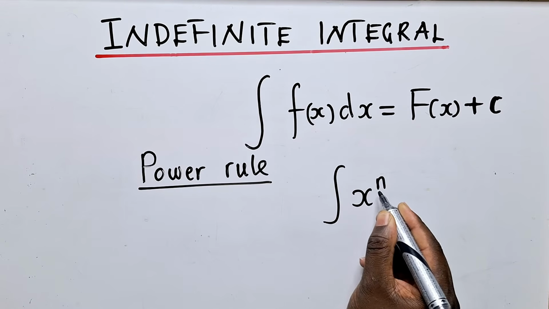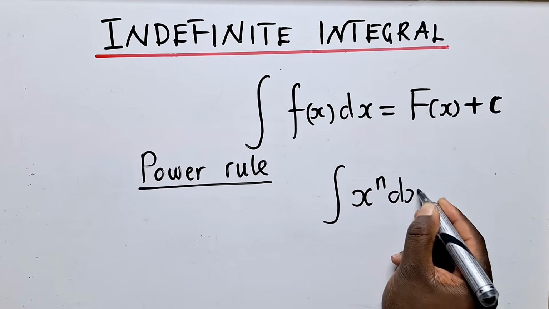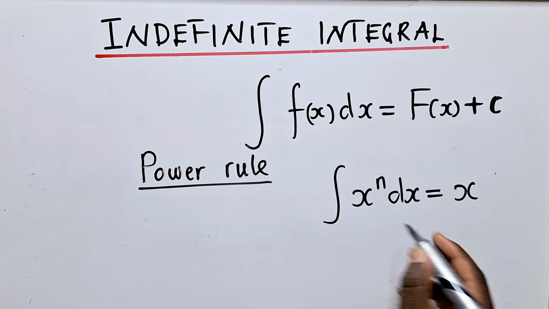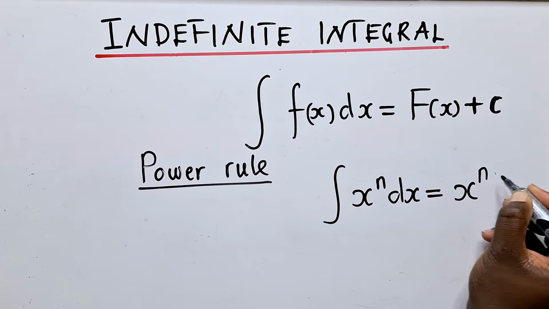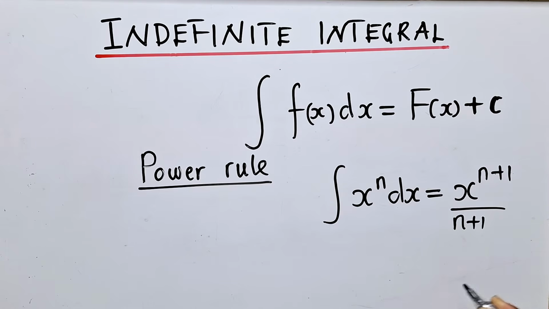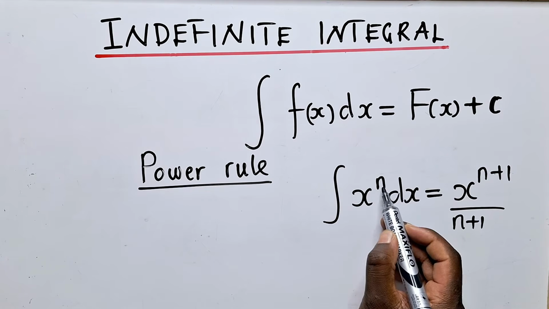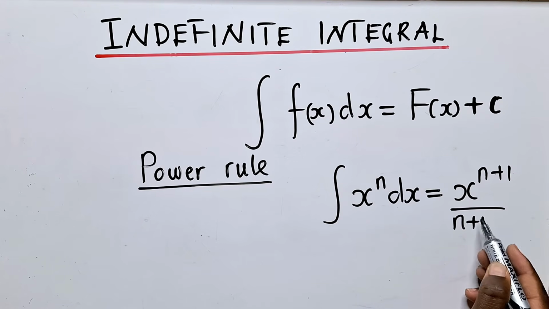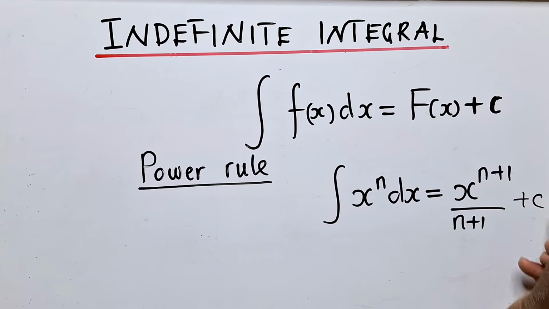So this is x power n dx. This is where you apply the power rule by simply adding a 1 to the power and getting that new power, then you divide by it. You see, this is power n, you add a 1 and get this power, write it here as a denominator, and you say plus c.